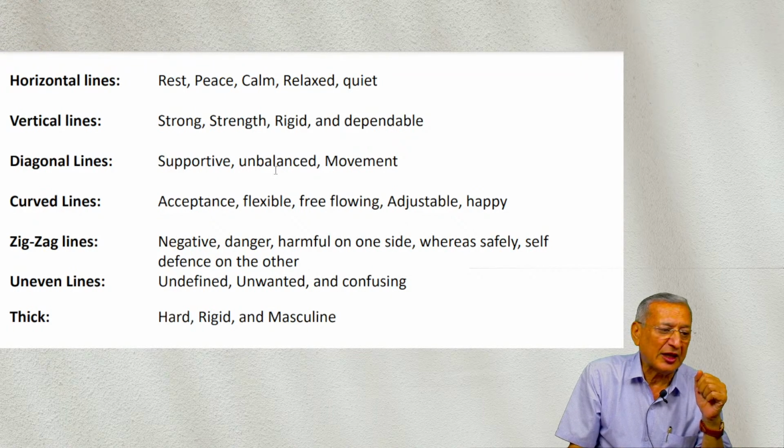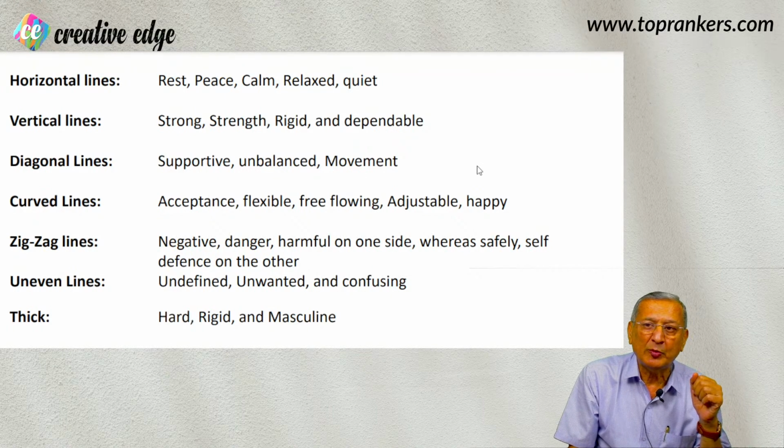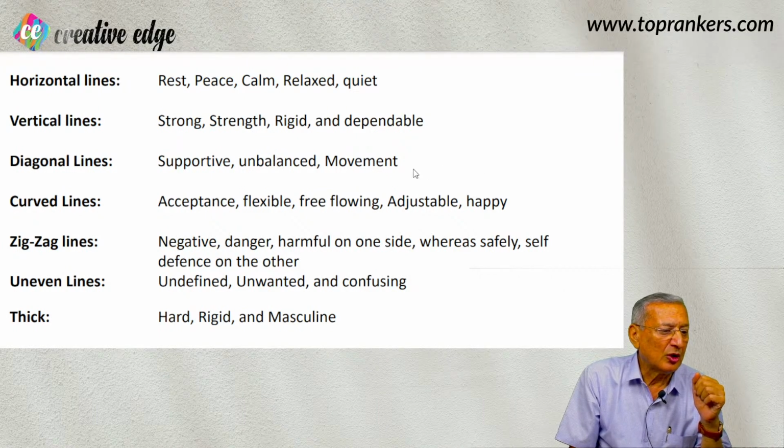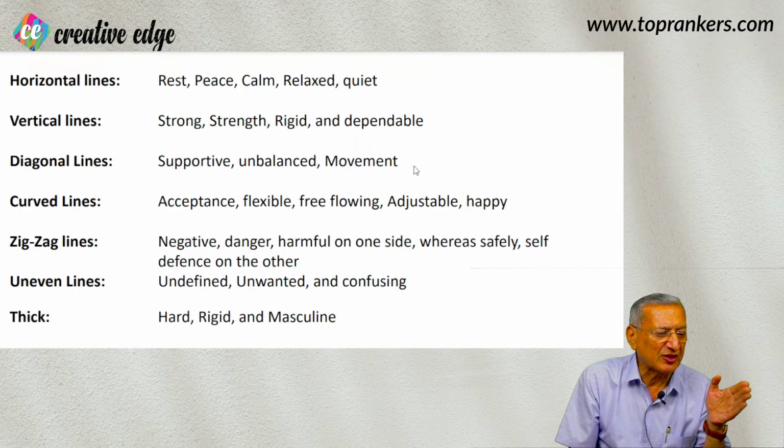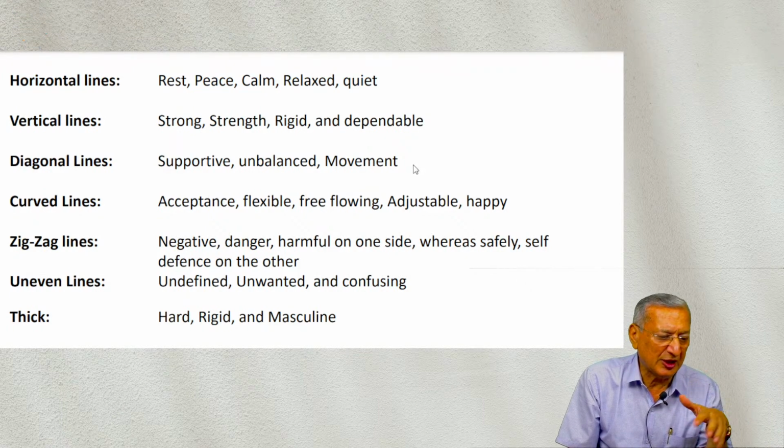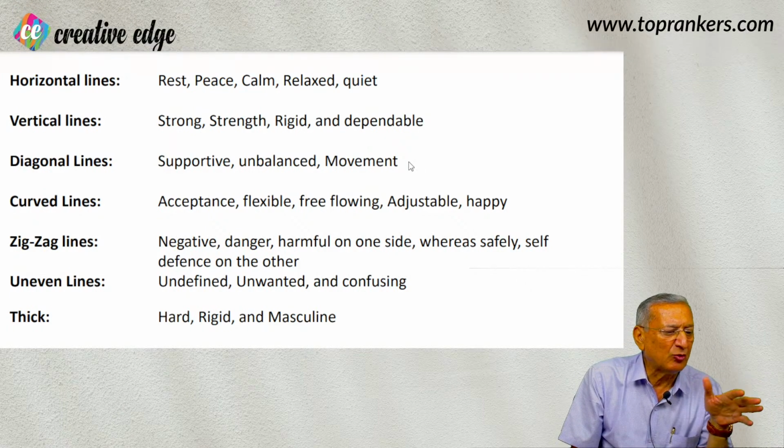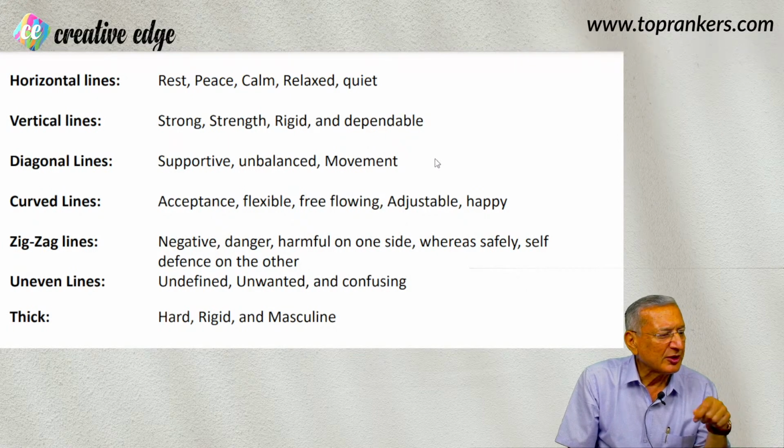And yes, a diagonal line also shows movement, particularly when you look at a slide on which children play. So they go up on the slide and come down. So it also gives a little surprise to them. So you could add a word surprise with diagonal line.